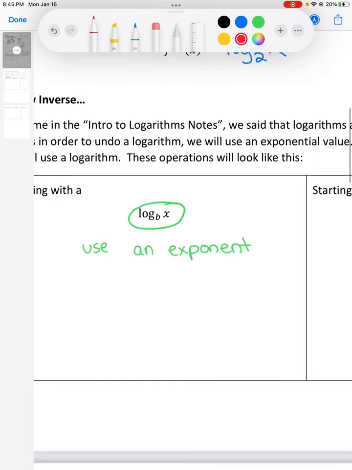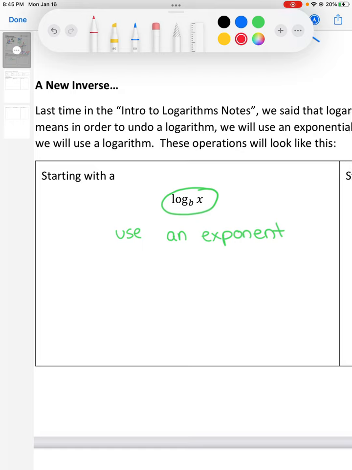Can you guess what base of my exponent I'd want to use? I'd want to match the base of my logarithm. So here's the base of my exponent, and the logarithm is the exponent. Just like we have 2 to the x, this log is like the x, it's the exponent, okay? The reason we do that is that the opposite of a logarithm is an exponent. So they cancel out, and what are we left with?